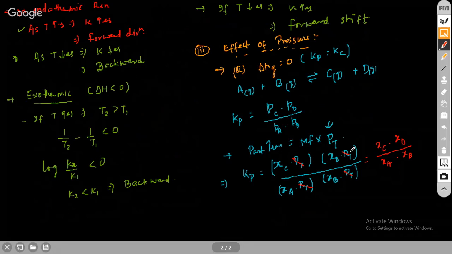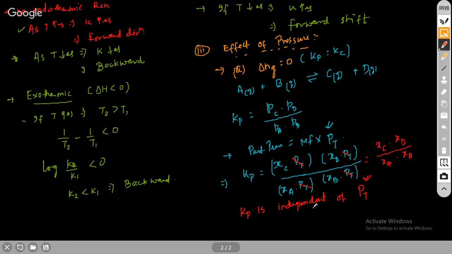Okay, now you see in this one, Kp is independent of total pressure Pt. So whatever total pressure you take, that won't affect Kp or this expression.